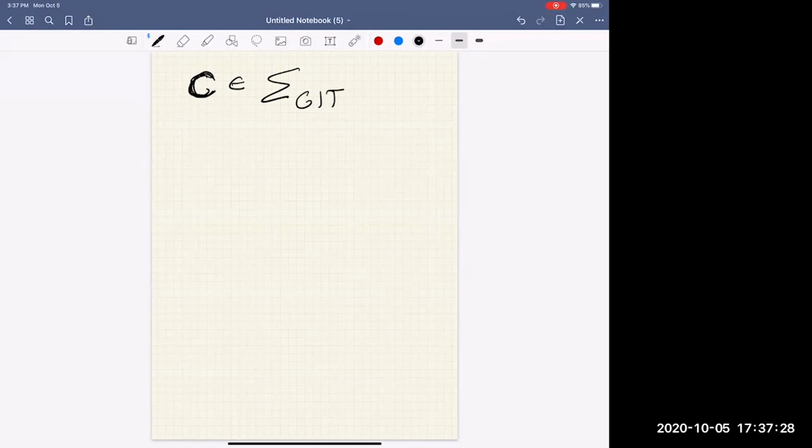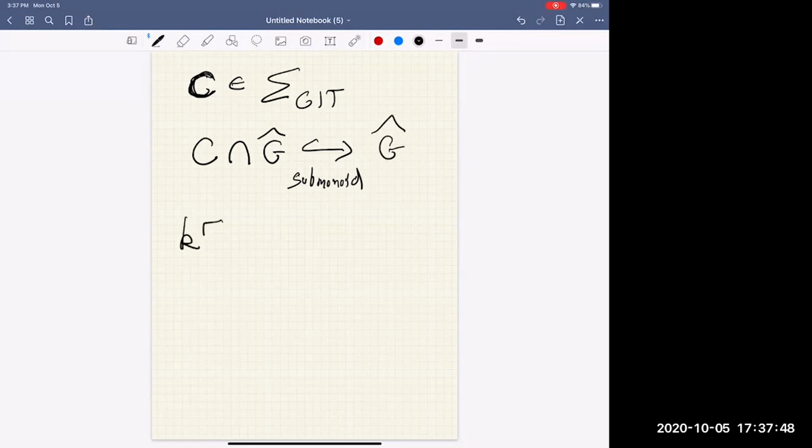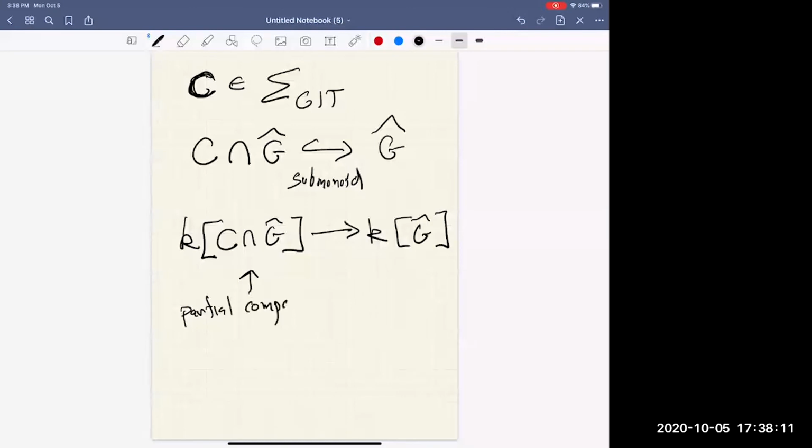Then if I intersect the cone with the characters, this gives me a submonoid of G hat, the character group, which gives you a map of rings, and so the map of schemes is a partial compactification of G.